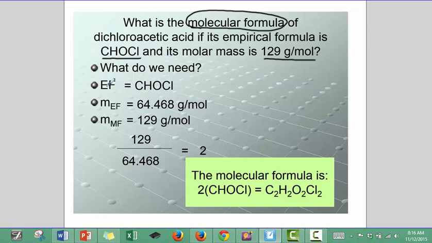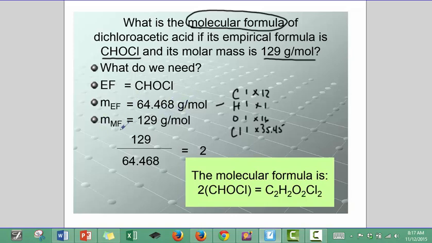They gave that to us, so we need to find the mass of this. Carbon is 12, hydrogen's 1, oxygen 16, chlorine is 35.45. So that's where we get 64 from. Now this is rounded a little differently, but you get the picture.